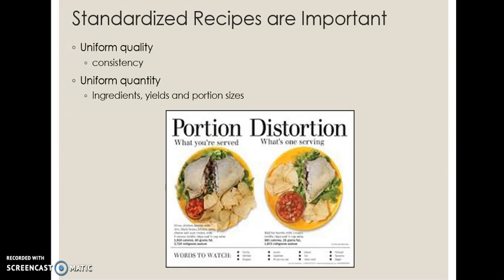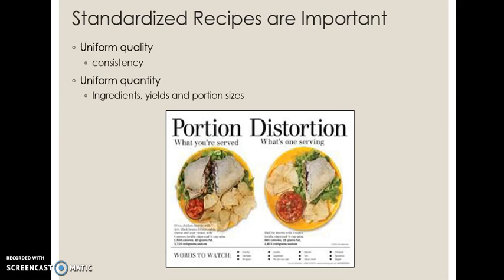So for the guest, they should be getting the same product. The other thing is standardized recipes really help us cost out how much each recipe costs, exactly like what we did in class, costing out the braised red cabbage recipe. So for a restaurateur or a chef, we know exactly how much each product in that recipe costs and how much we need to charge for that product, or if we need to switch out some ingredients.